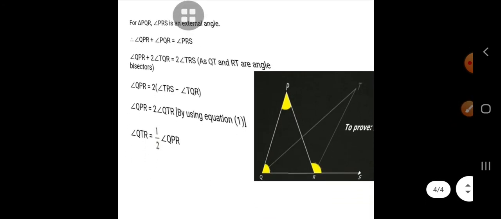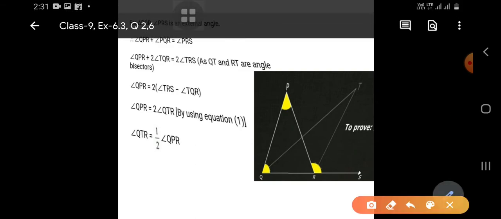Now concentrate on the picture, that is triangle PQR. Look at here. This is the triangle PQR. So in this triangle, we use the exterior angle property. That means this angle will be the exterior angle, and it will be equal to the sum of the two interior angles, that is this angle and this angle.